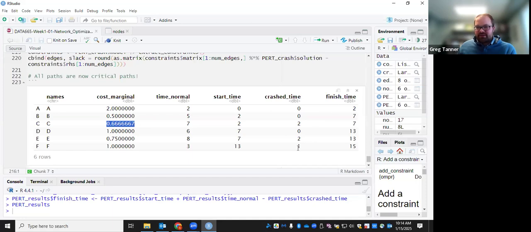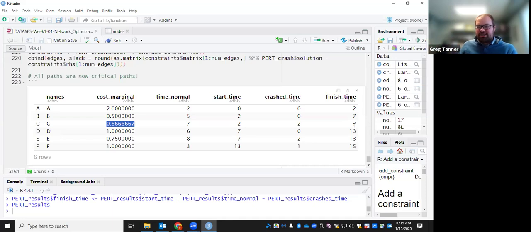Interesting, and I didn't include it in this table, is that we could have crashed activity C more than 2 units, but the reason we stopped crashing activity C at 2 units is that once we've got C down by 2 units to take essentially 5 units of time, then it finishes at the exact same time as B. Before, B finished at time 7 and C finished at time 9, so B had some slack in it.